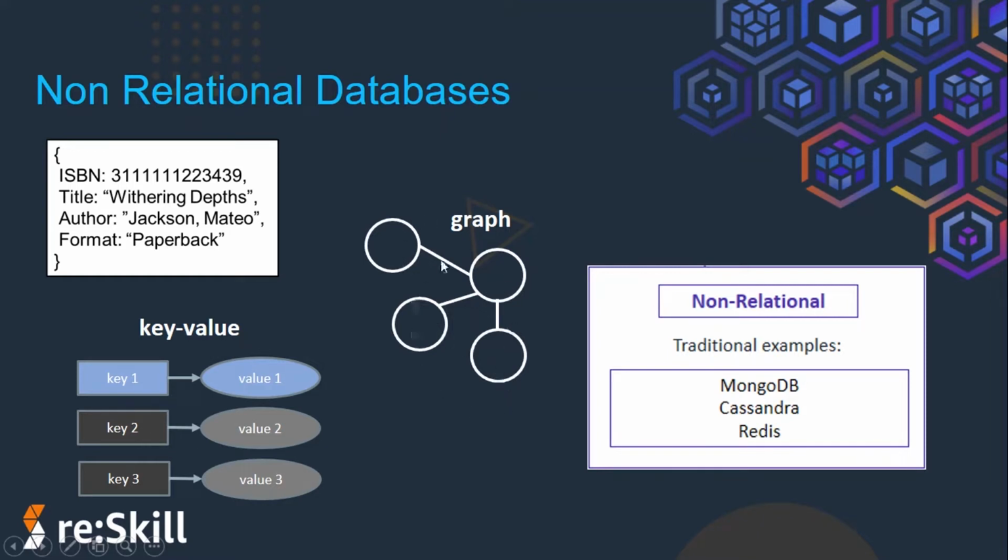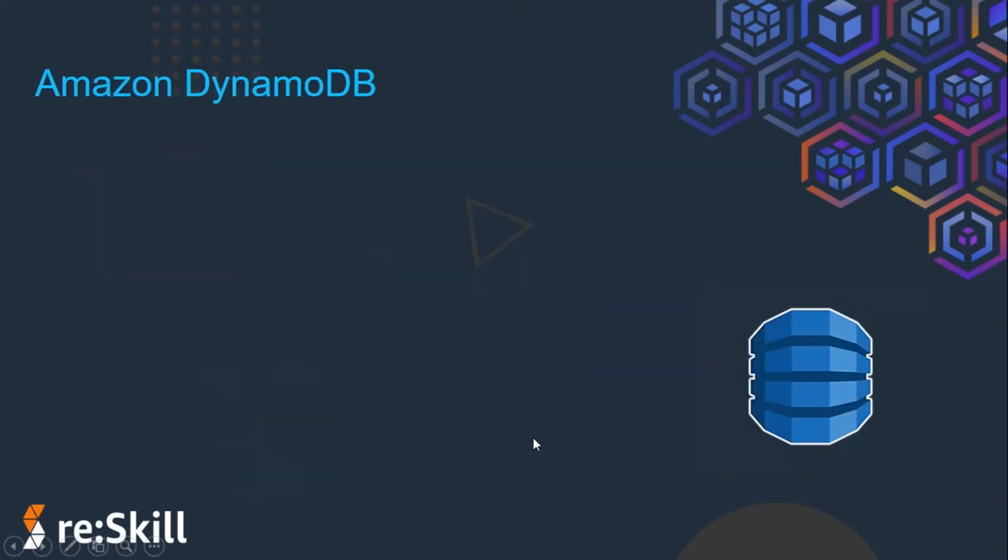So I can represent the information in this form as well and in the key-value form as well. So we have flexibility in non-relational databases. A few examples of non-relational databases include MongoDB, Cassandra, Redis. And today we are going to discuss the most common non-relational database of AWS, that is Amazon DynamoDB.